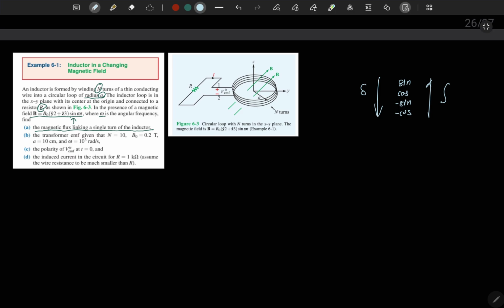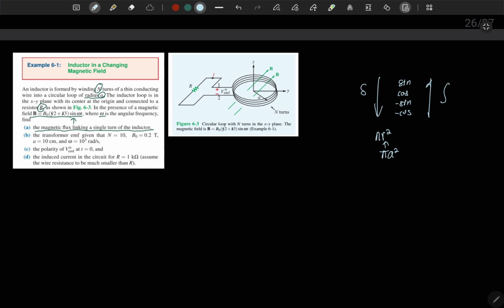Don't forget it. They mentioned a circular loop of radius A, so the area of the round circle is pi r squared, and since the radius is A, it is pi a squared.